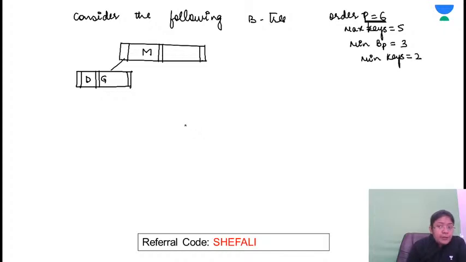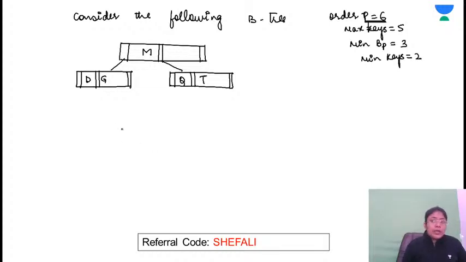Yes, because of 50% occupancy, that is why we have considered the 50% occupancy. It depends on the order of the tree, right?